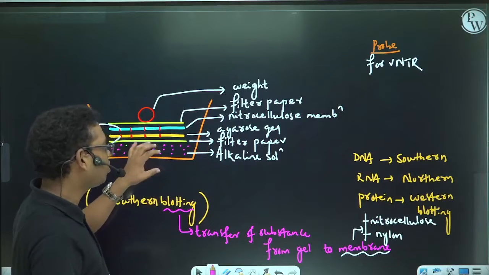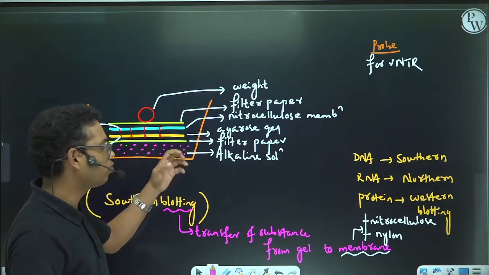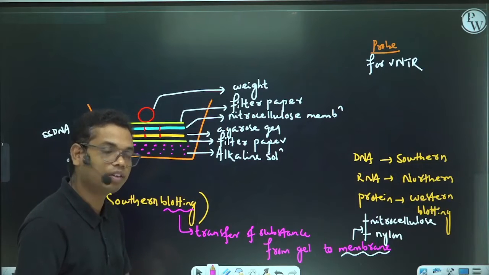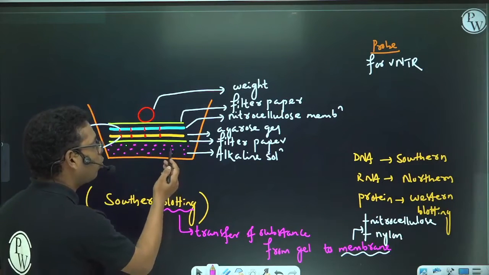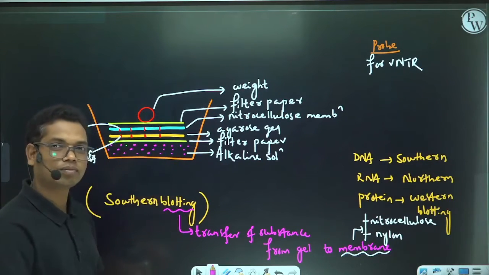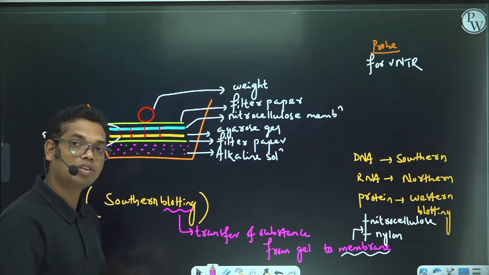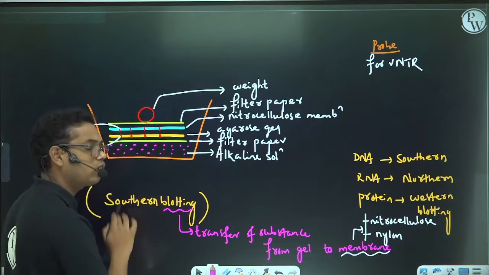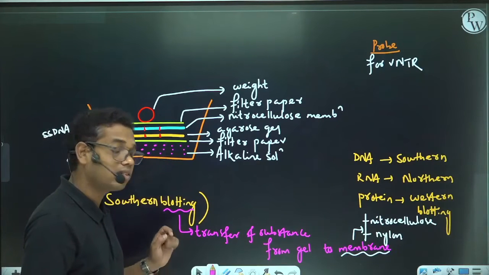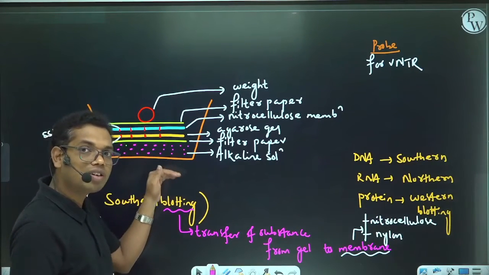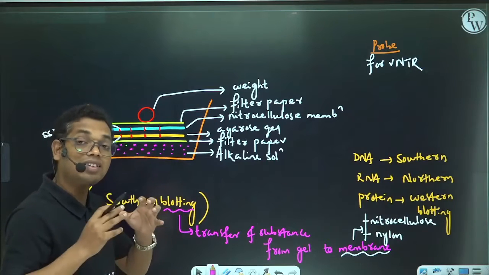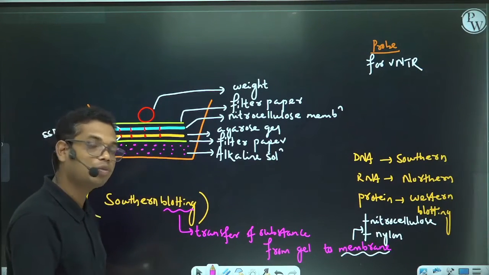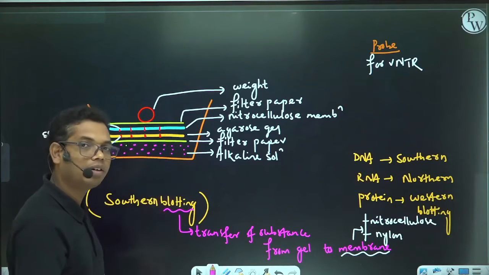So when I leave this setup as such for some time, what will happen? Because of capillarity, the alkaline solution will move in an upward direction. When it moves upward, it will cross the filter paper, then it will cross the agarose gel. And when the alkaline solution crosses the agarose gel, it will carry the DNA molecules present in the agarose gel along with it, and it will come to the nitrocellulose membrane.